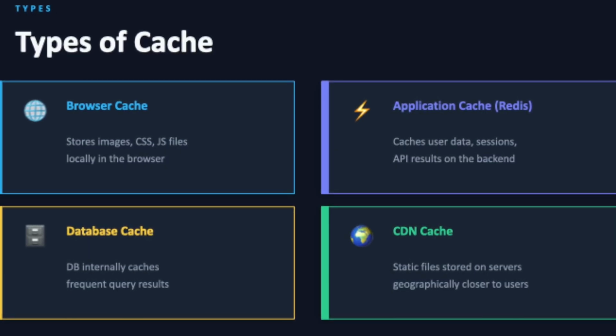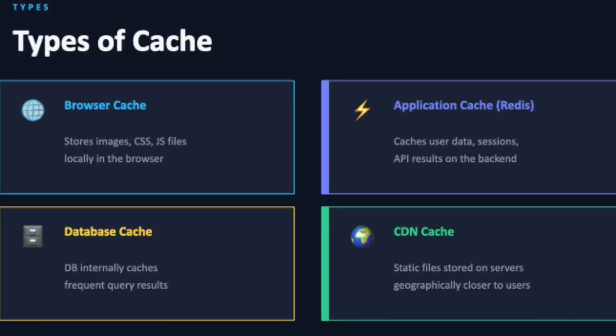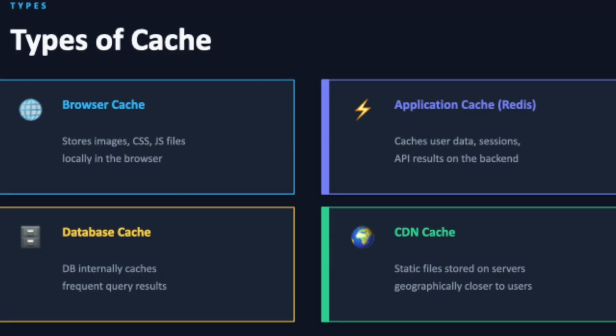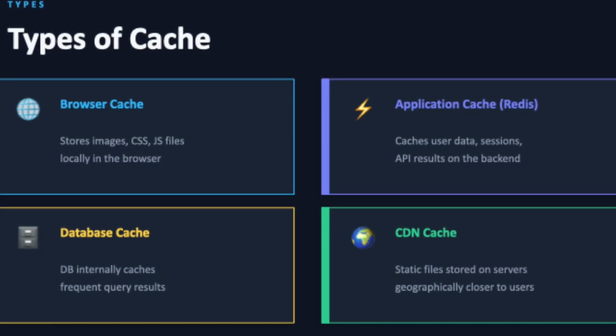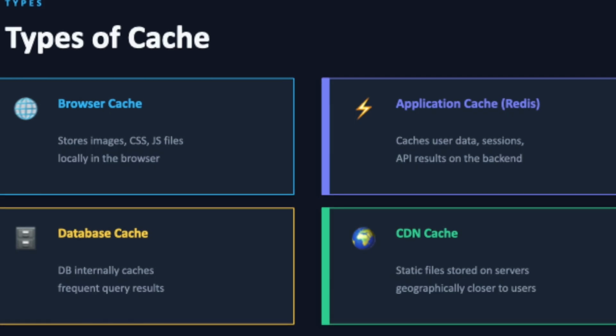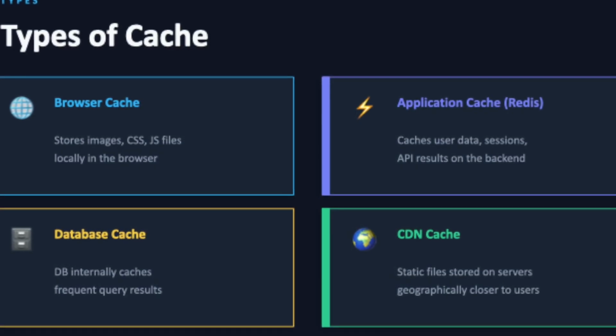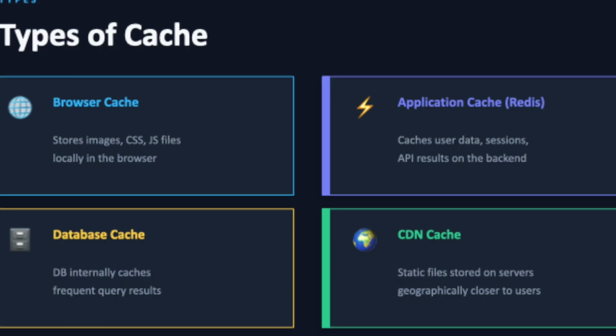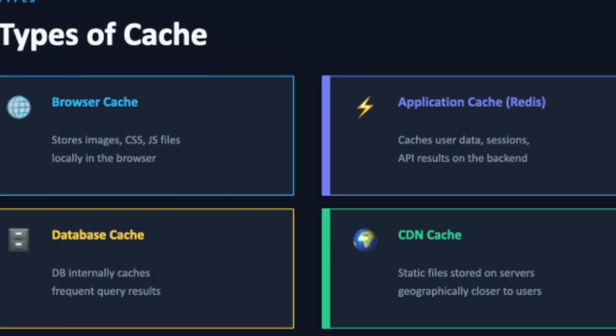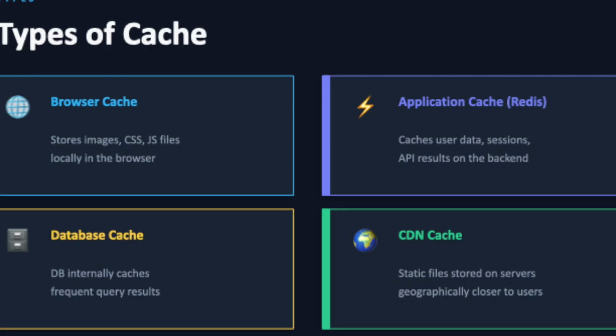Database cache. Databases like MySQL and PostgreSQL internally cache the result of frequently run queries. CDN cache. Content delivery networks store static files like images and videos on servers geographically closer to the user, so they load faster regardless of where you are in the world.